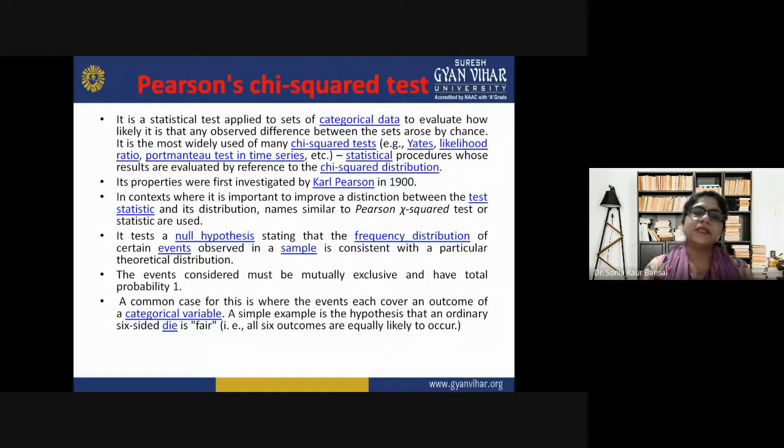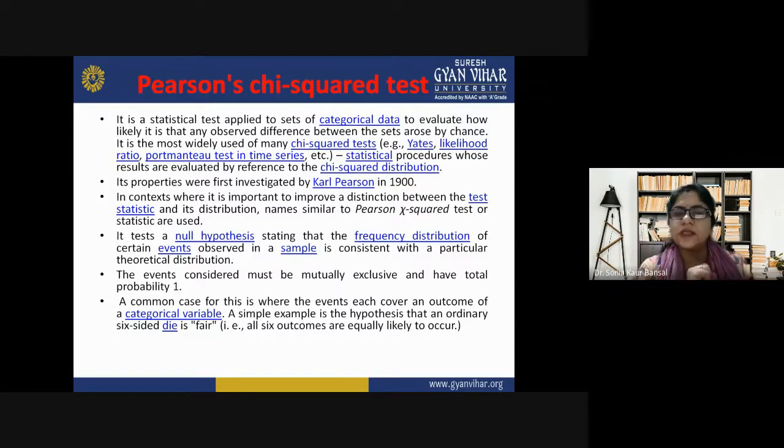Now, students, let's understand Pearson's chi-square test. Pearson is really a renowned name. Carl Pearson is a renowned name in the chi-square test. So it is a statistical applied test. It is a test that is applied to sets of categorical data, like you have made categories. Suppose, students, you have taken teachers.